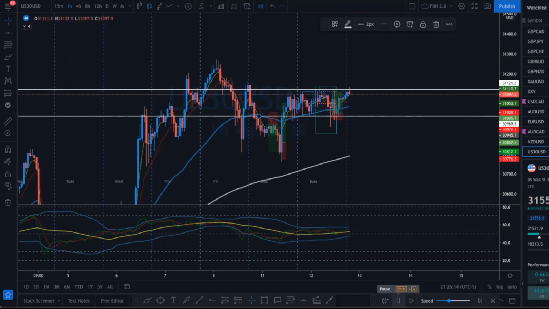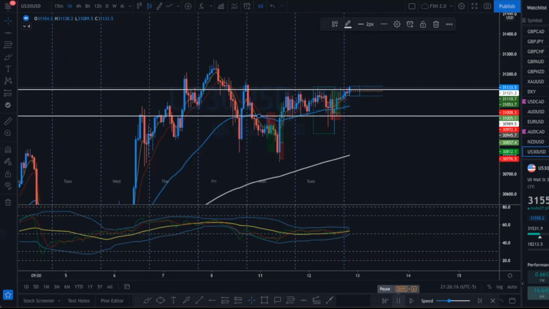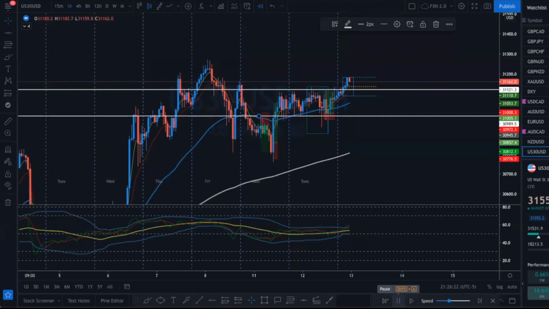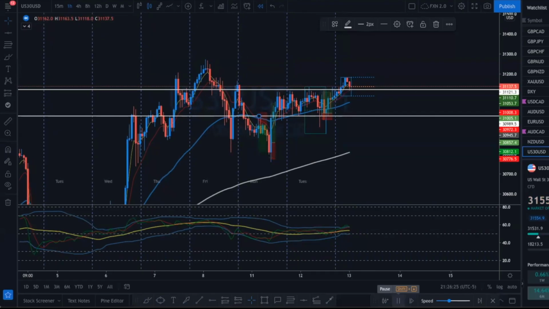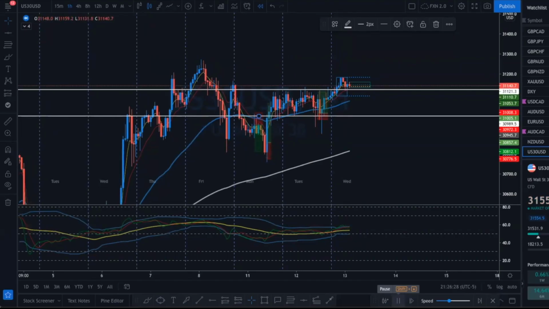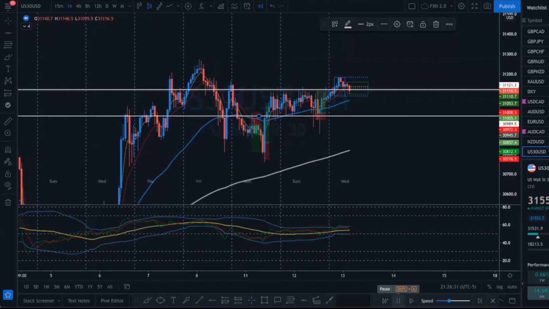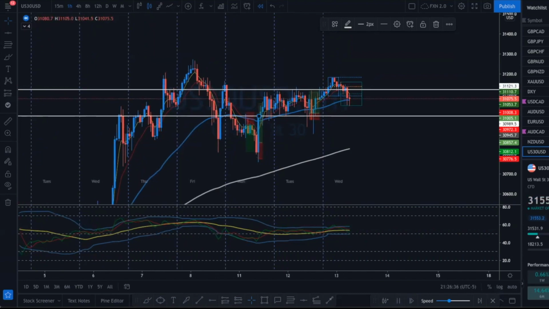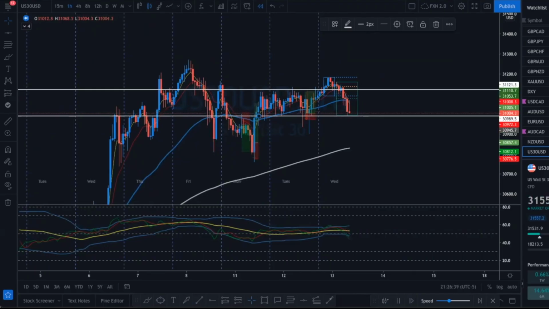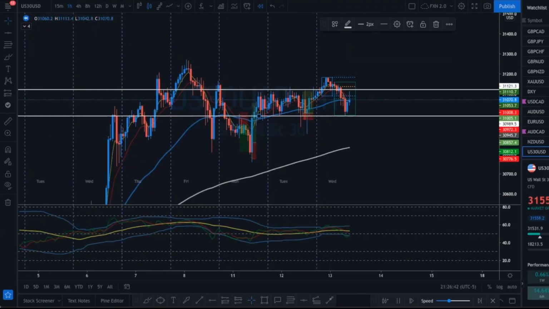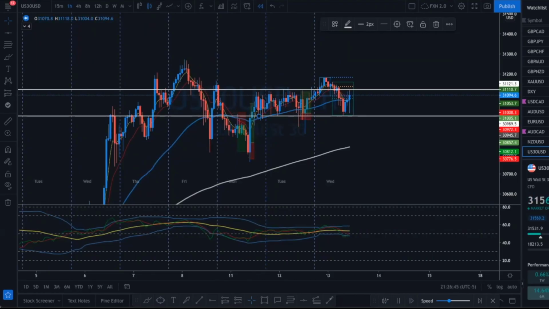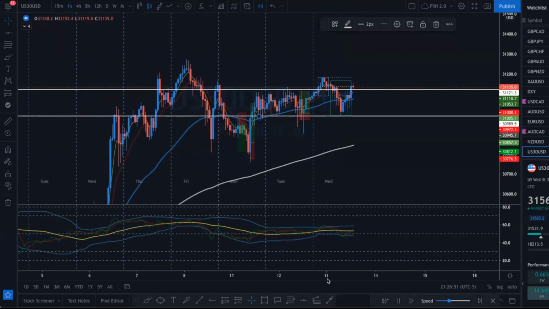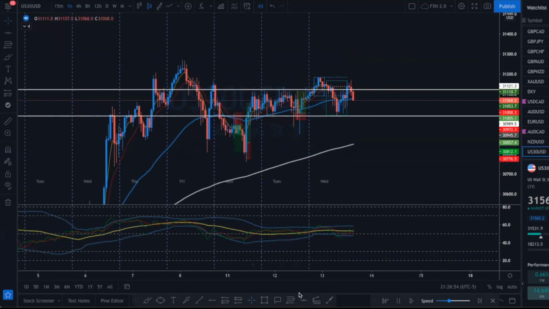Dude, that's the same thing gold does right there. Likes to give you wicks, wicks, wicks. Yes, their highs is all the way up here.